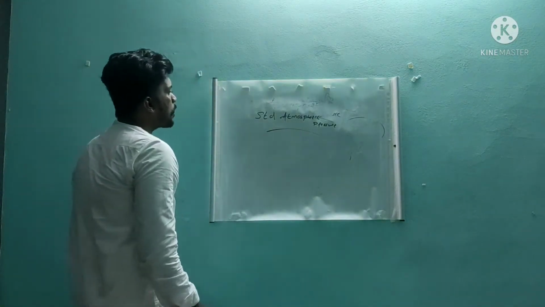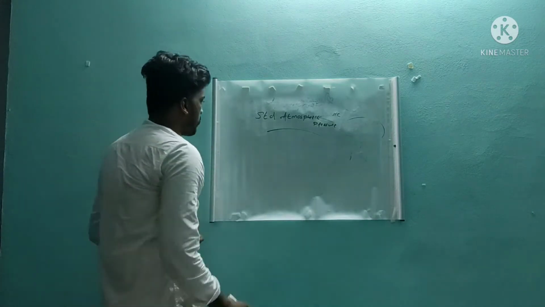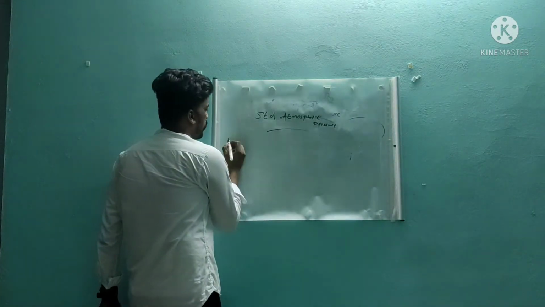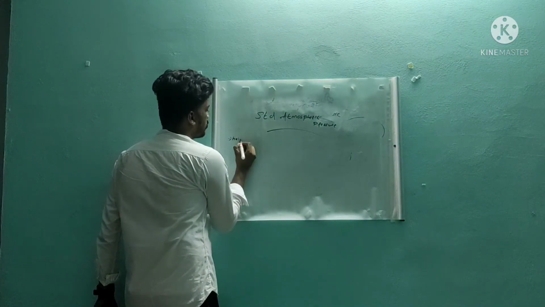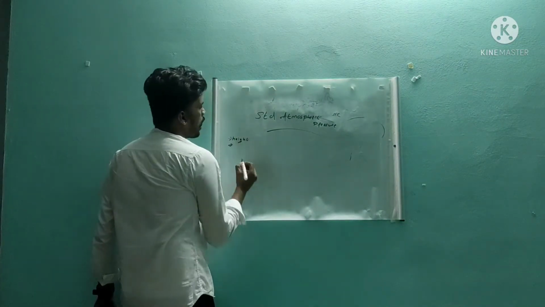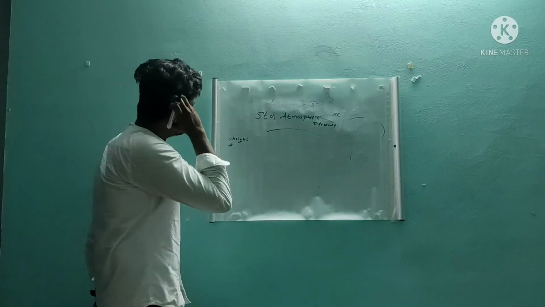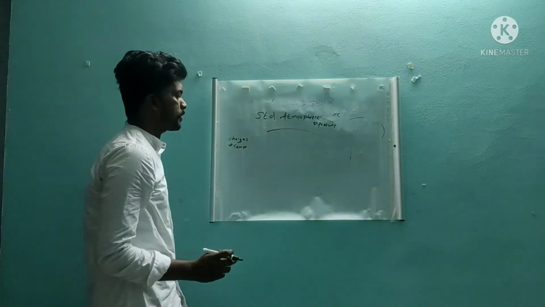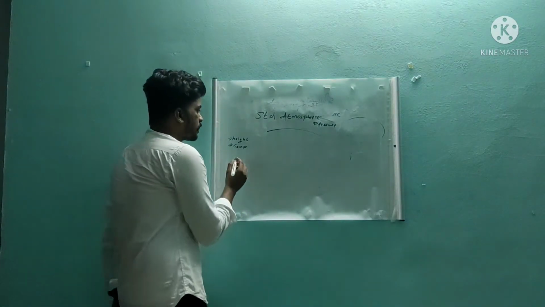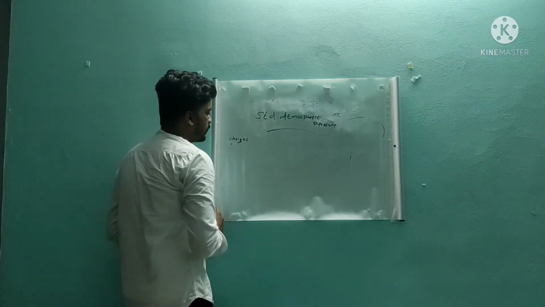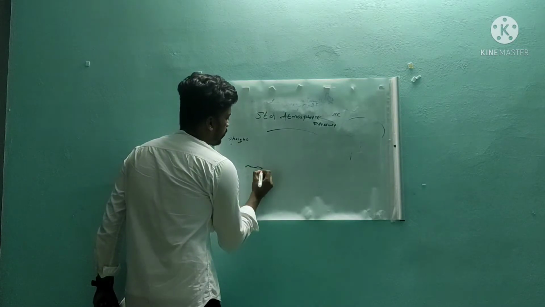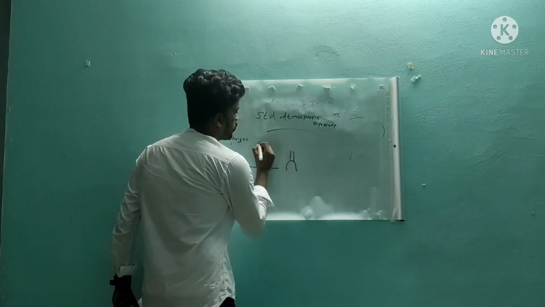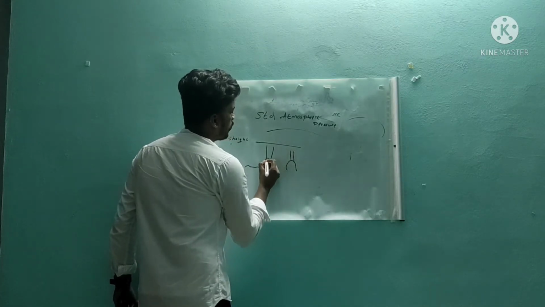Now we are going to learn about standard atmospheric pressure. We have already learned that atmospheric pressure depends on height, and also on temperature. The height will be different at sea level and on a mountain.